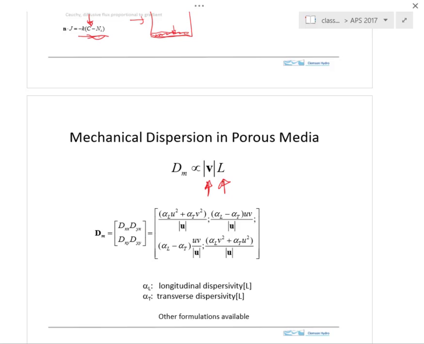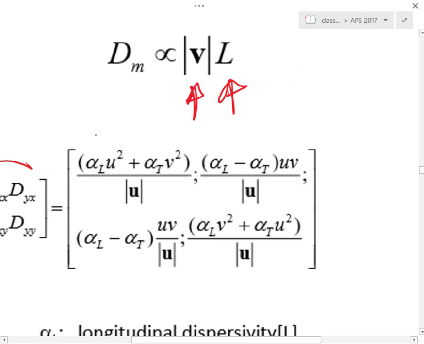It'll be different in the direction of the flow than it is perpendicular to flow. This gives rise to a mechanical dispersion tensor, and here's for a 2D case, the 4 terms in the dispersion tensor, and here's how they are written.